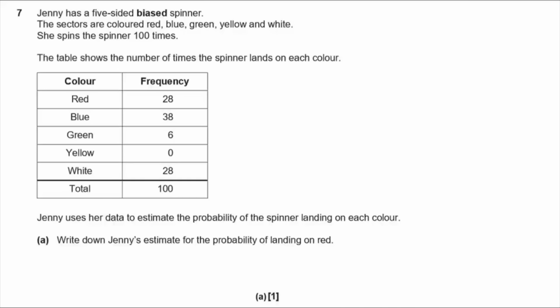Write down Jenny's estimate of the probability of it landing on red. Okay, so you can work out a practical version of probability. We call it relative frequency. By taking the number of successful trials, which is in this case 28 for red, and dividing it by the total number of trials, which in this case is 100.